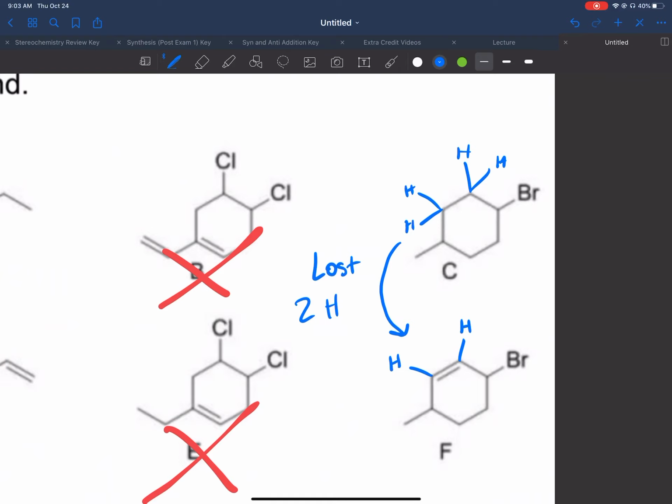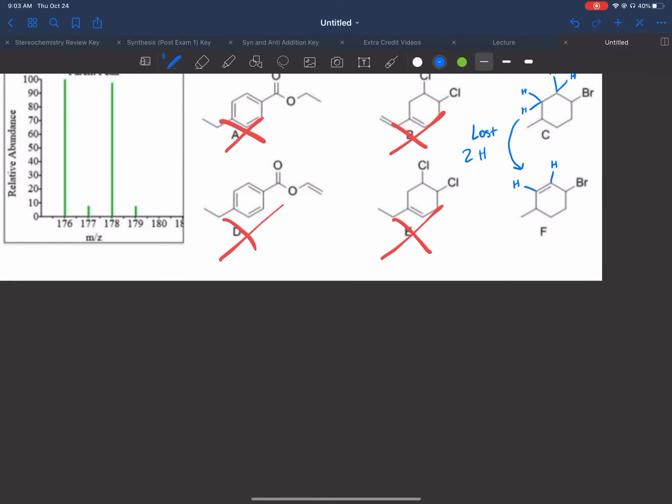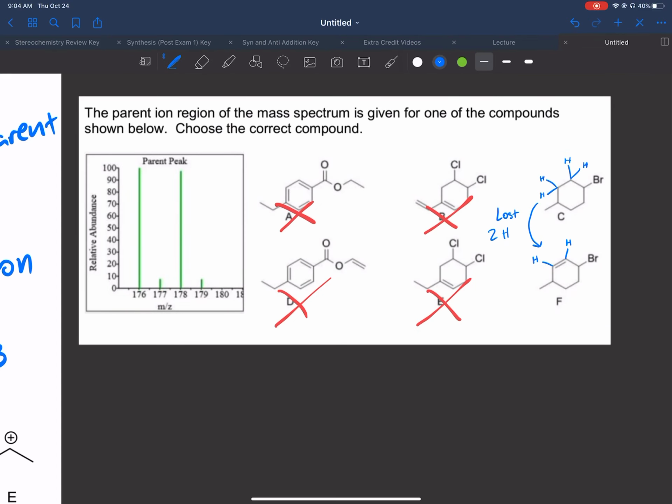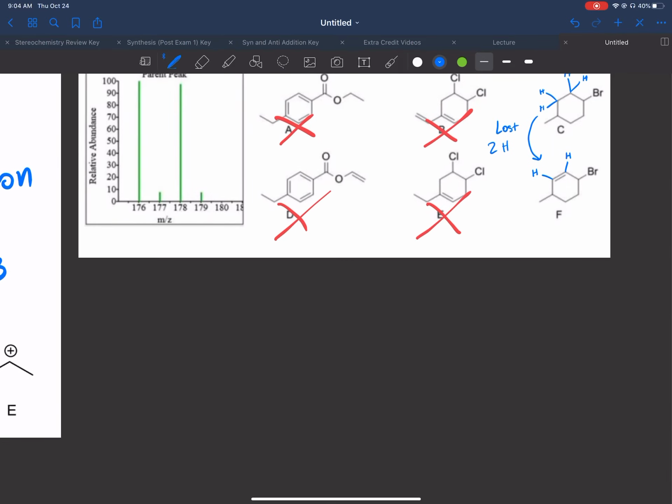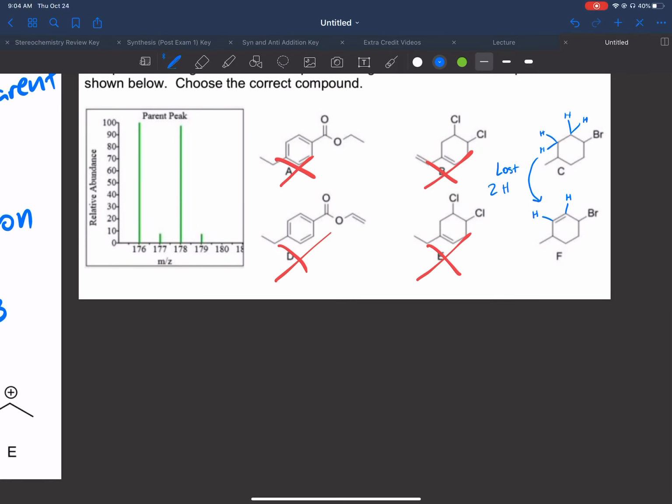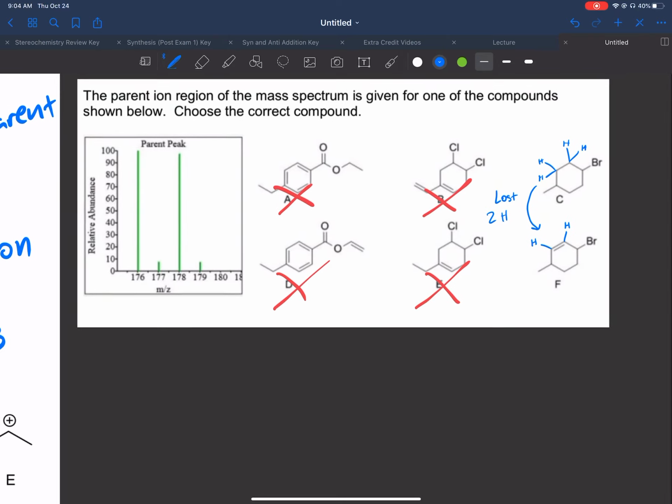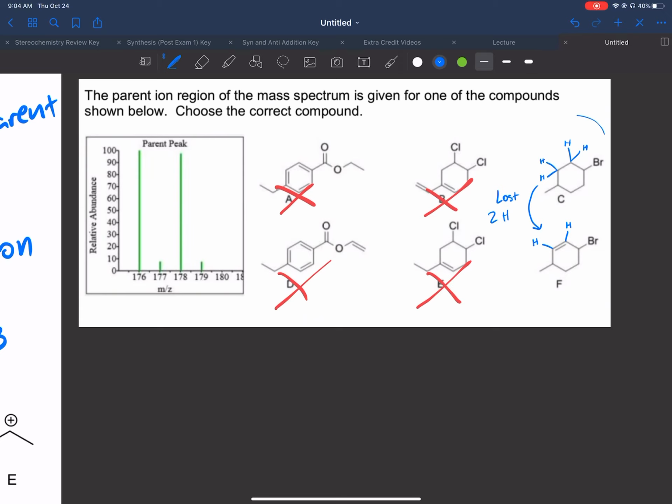Okay? So what you can do now, either using your calculator, but remember on the test you can use your calculator, right? You cannot. So if you use it here, just be careful that you can do this kind of math on test without a calculator, right? So if you add up the mass of C, right?